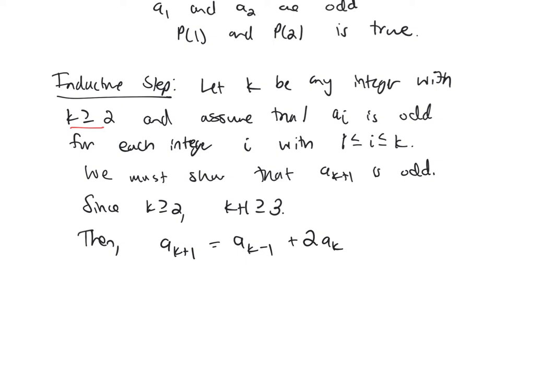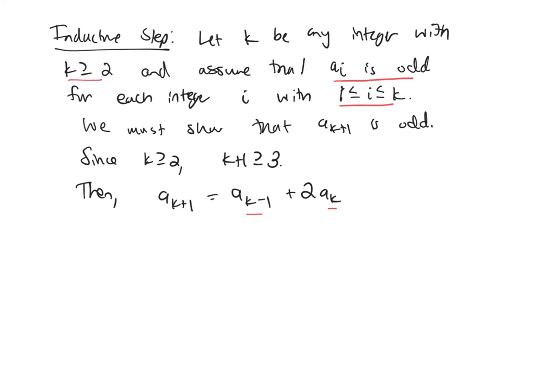Now we need to use our assumption. What's our assumption? A_i is odd when i is between 1 and k. So both of these two, I know that they're odd. We know A_{k-1} and A_k are odd, so they have to be 2 times an integer plus 1.